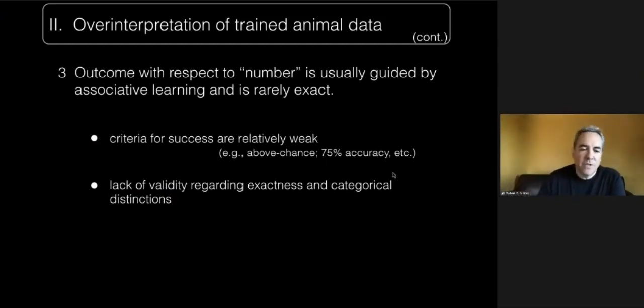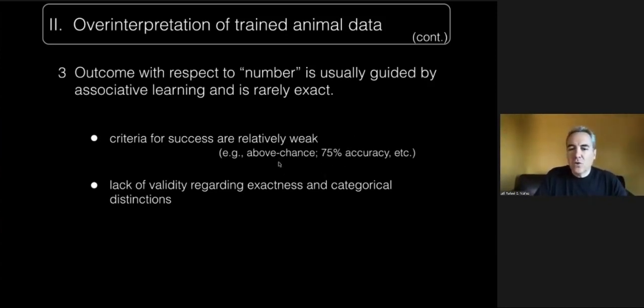Sometimes you see papers where the criterion for success is pretty weak. Sometimes it's just above chance. As soon as the animal does something above chance, it is taken as having acquired the behavior. Or sometimes it's 75% accuracy and so on.